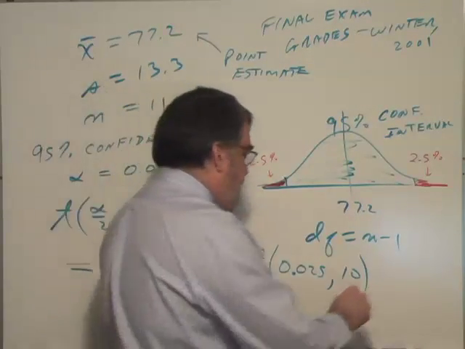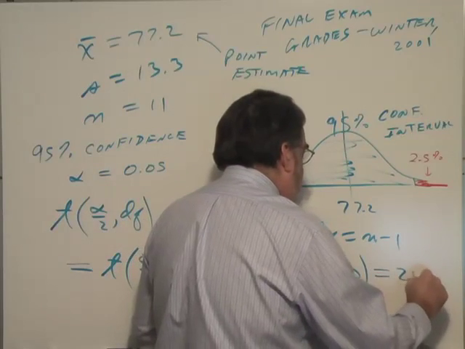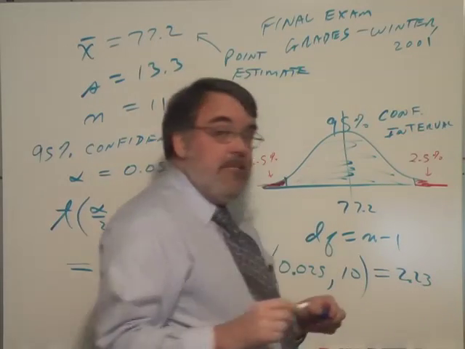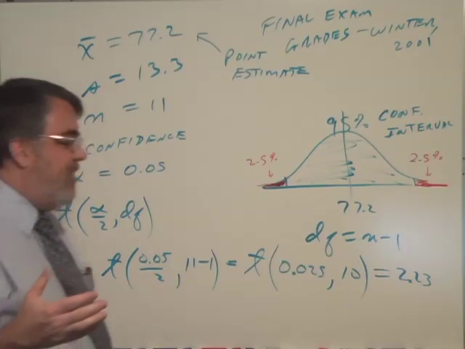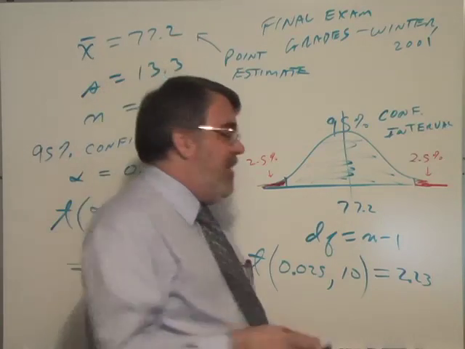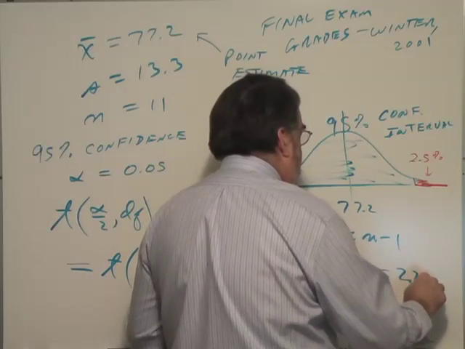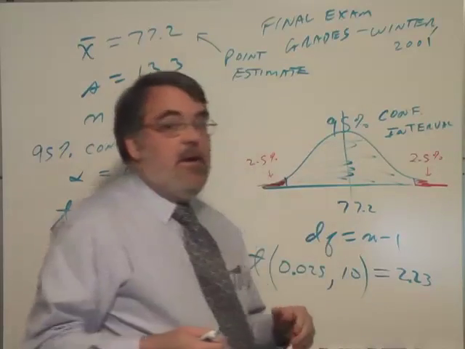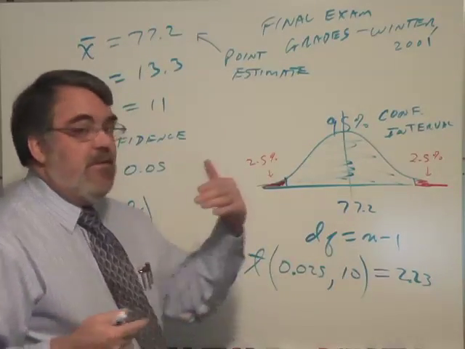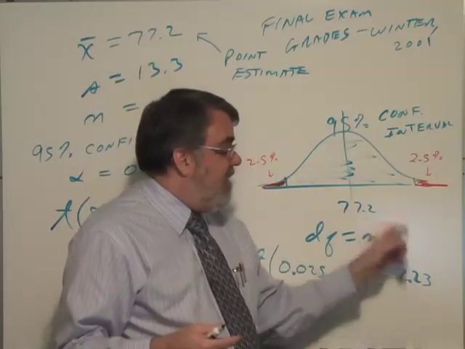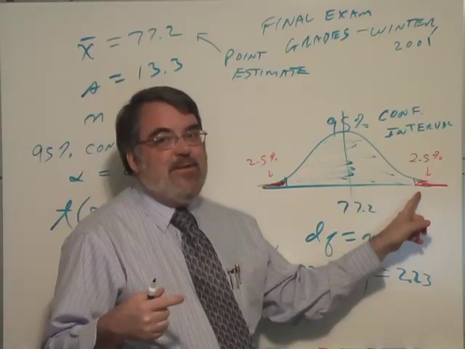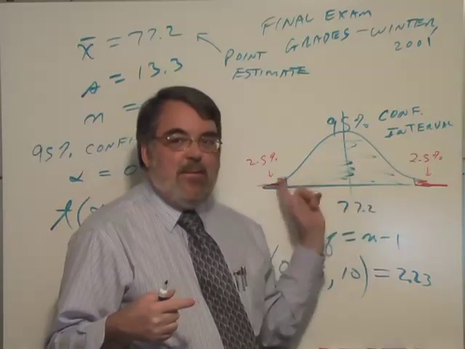All right, now what's special about 2.23 in this instance? Well, 2.23 is 2.23 standard deviations. In other words, for this kind of data, it's a very small sample, I'm using the student's t-distribution, the middle 95% is 2.23 standard deviations away from the mean, either way.